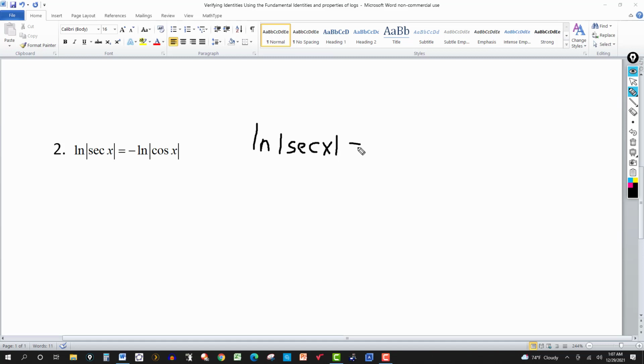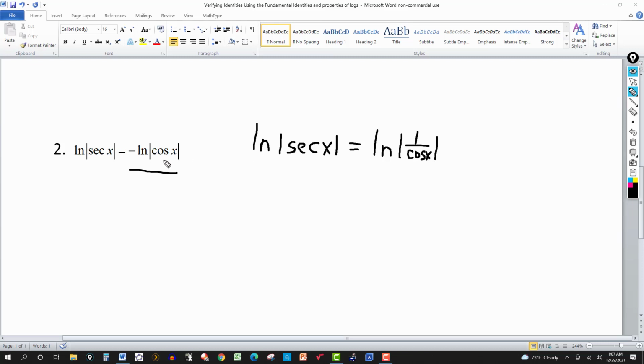So I'm taking natural log of absolute value of secant of x. I want to come up with this. A couple of ways I could set it up here, but let me just do this. Secant of x, again using fundamental identities from trigonometry, secant of x is 1 over cosine of x. And that's of course what I want, because I have to look at the right side.